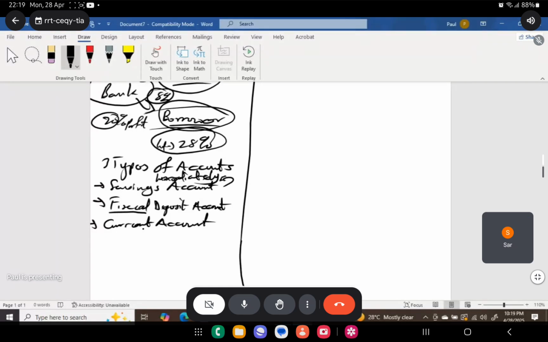But they should give a prior notice to the bank. That's a savings account.